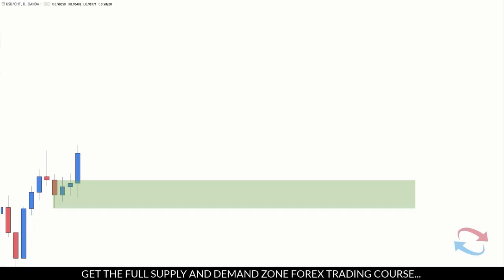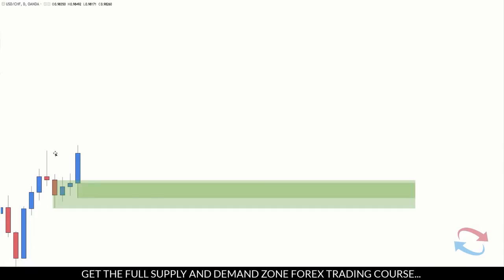So the last bearish candle in the sequence before prices make a new high is this one, right? So this is where we'll be drawing our demand zone from: the last bearish candle in the sequence before prices make a new high. And that's where we draw it.